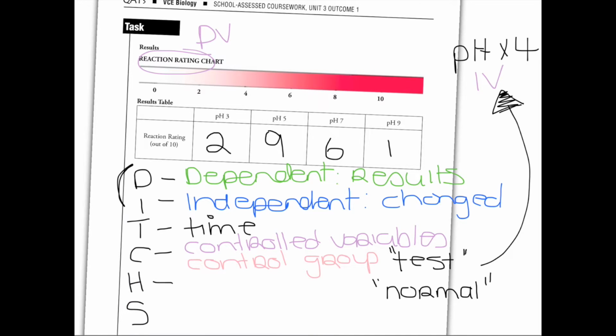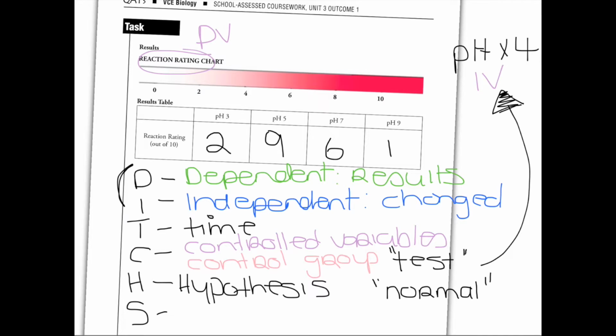Sometimes when you are asked to design an experiment, you need to be specific to your hypothesis, so what hypothesis you would be creating from your experiment, or what results you think you might see from that hypothesis.